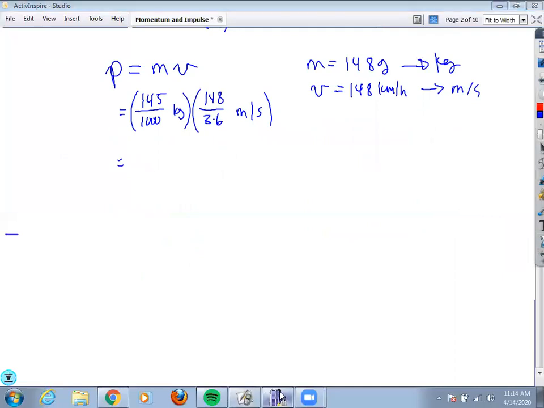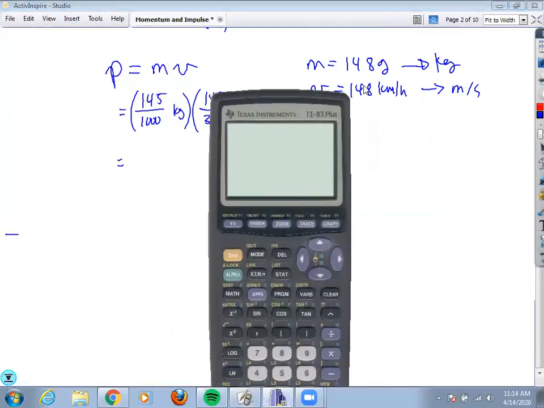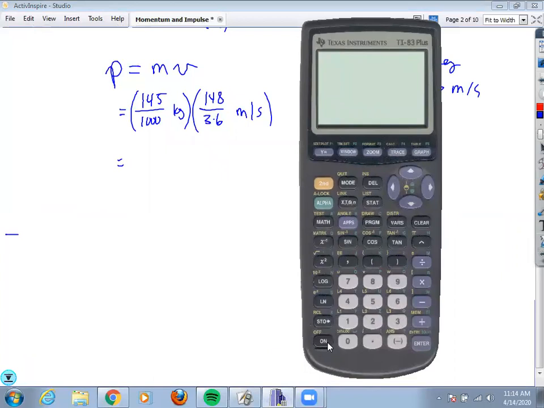And you can calculate the momentum of the fastball. So 145 grams divided by 1,000 grams per kilogram, multiplied by 148 kilometers per hour divided by 3.6, again in meters per second, and we get 5.96111.